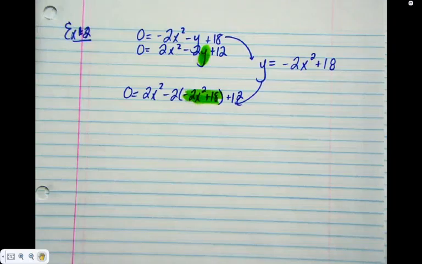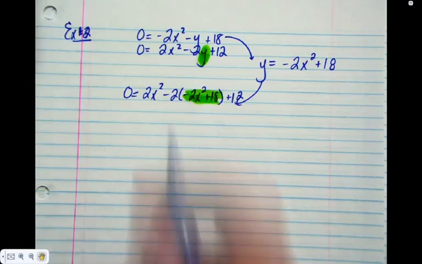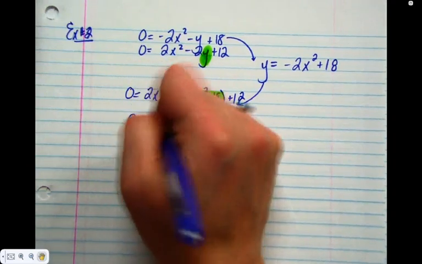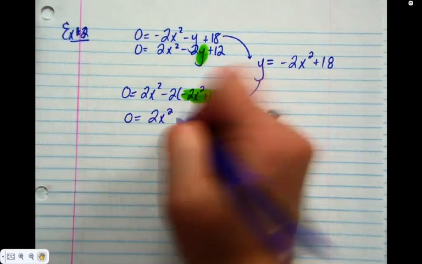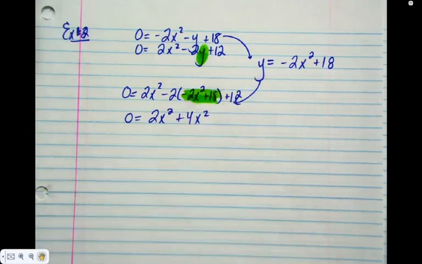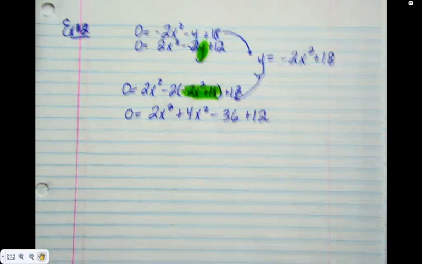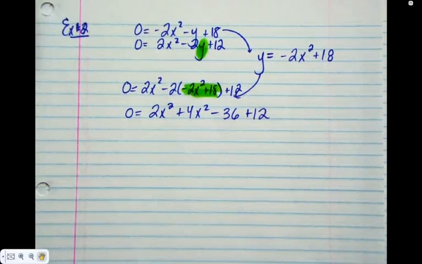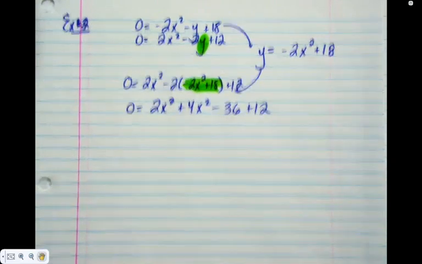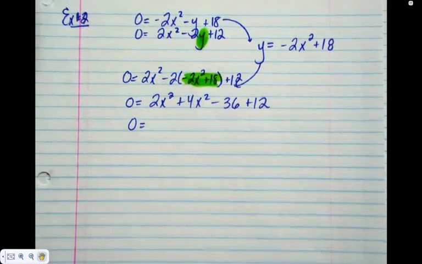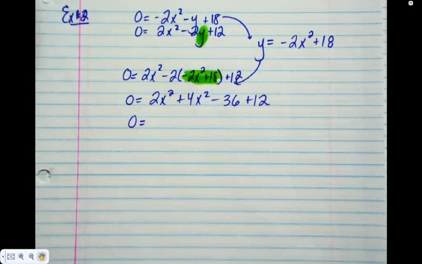Now what would you like to do? So I have 2x squared plus 4x squared minus 36 plus 12. Collecting the like terms.